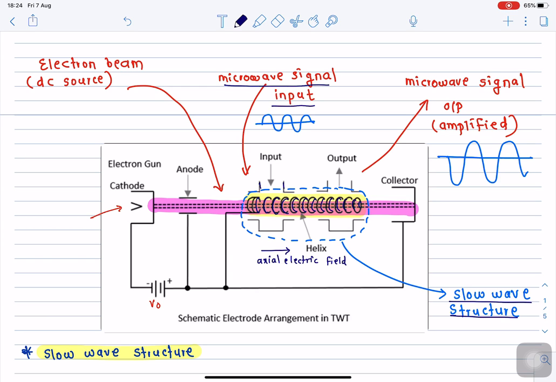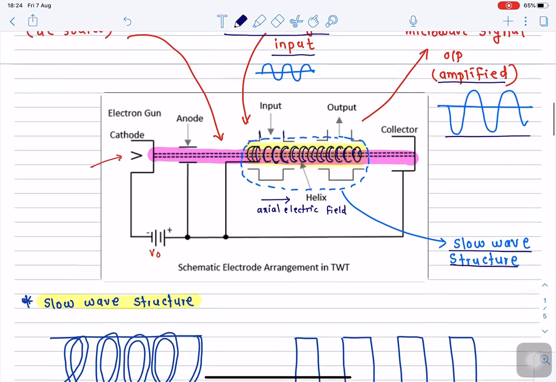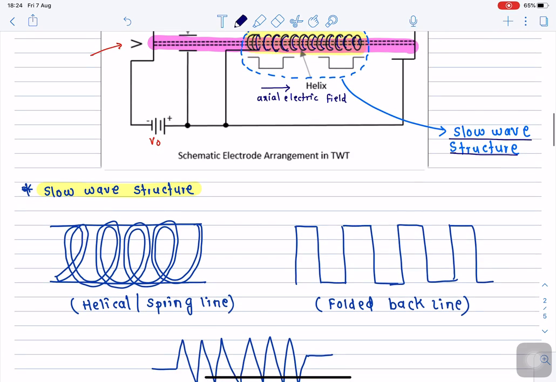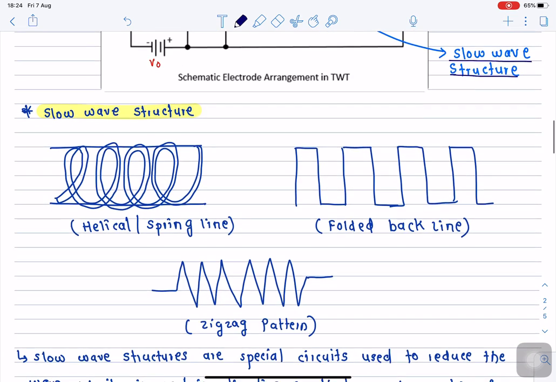And over the period of time, when the electron beam and the axial electric field because of the microwave signal reach the output port, we will find that at the output port the microwave signal is amplified in nature. Okay, so this is how the amplification of the microwave signal takes place by using a traveling wave tube amplifier. Now let us look into the details of what we mean by a slow wave structure.